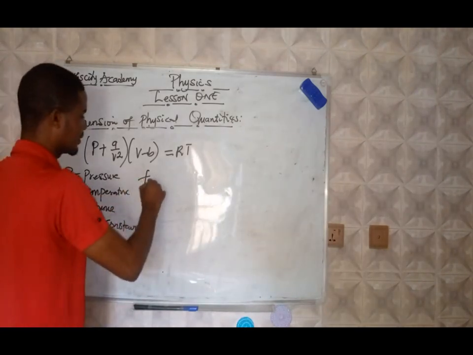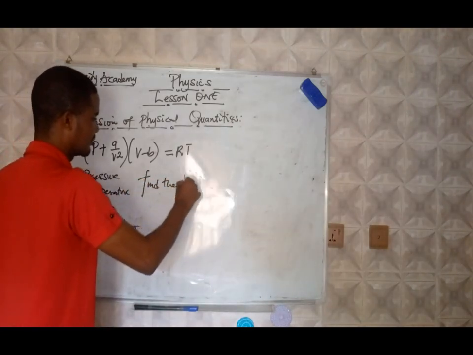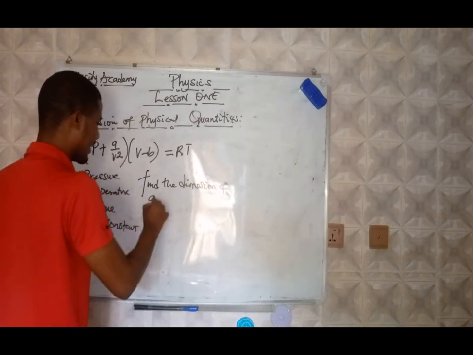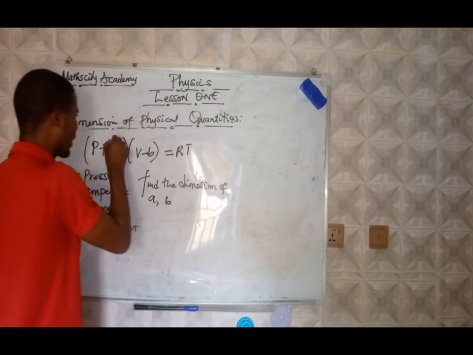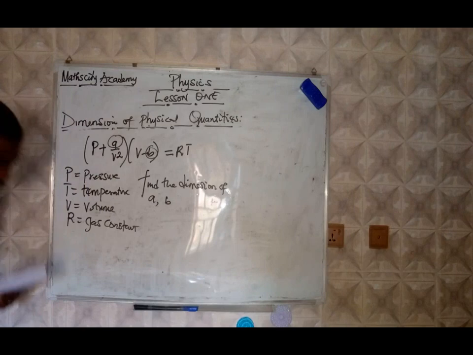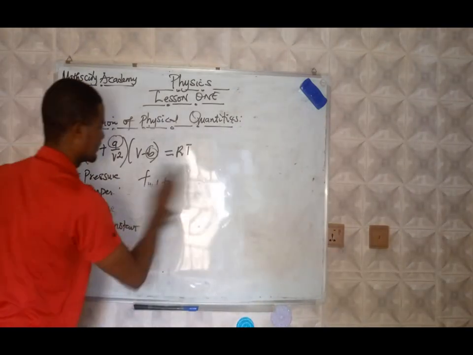Find the dimension of quantity A and that of B. So we are looking for the dimension of this and this.